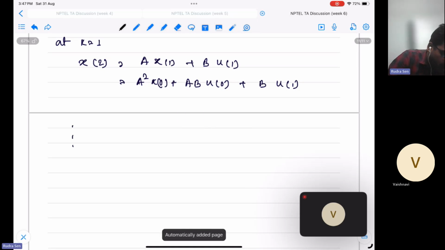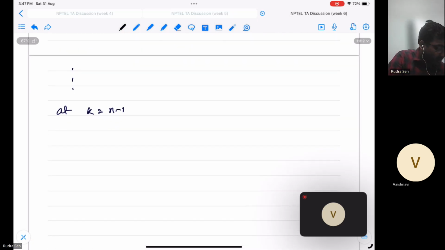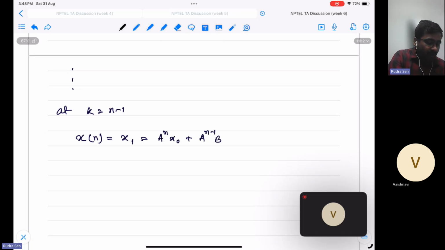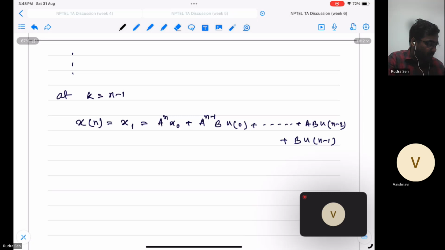Similarly, if we continue in this manner, let's say at k equals n minus 1, we reach the final point, which I'm defining as xn, which is A to the power n x0 plus A to the power n minus 1 B u0, plus, continuing this way, plus AB u n minus 2 plus B u n minus 1, right?